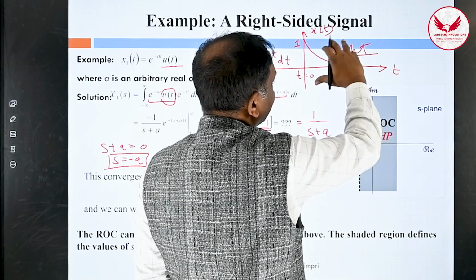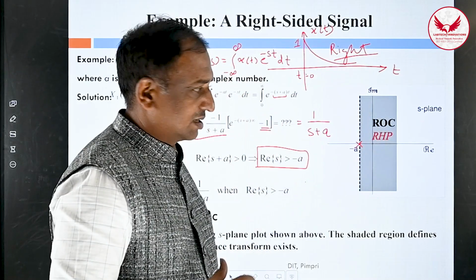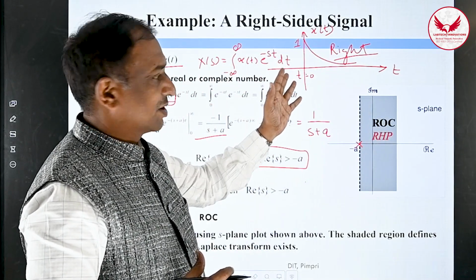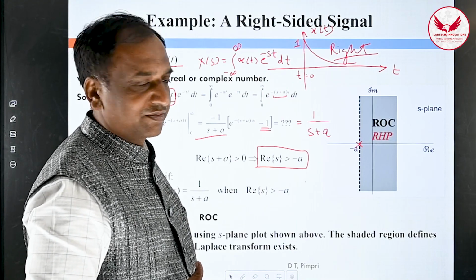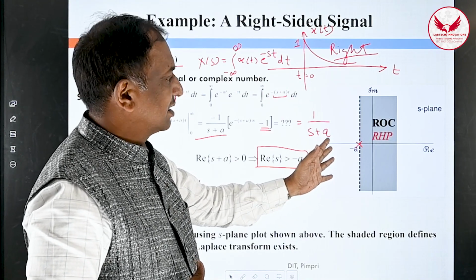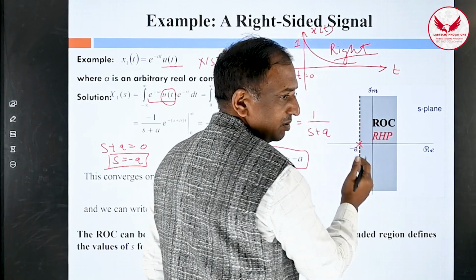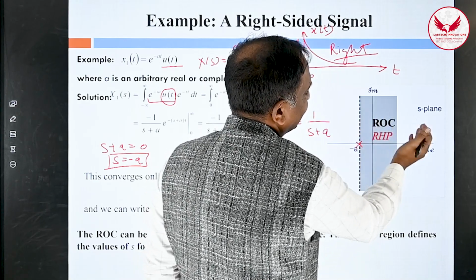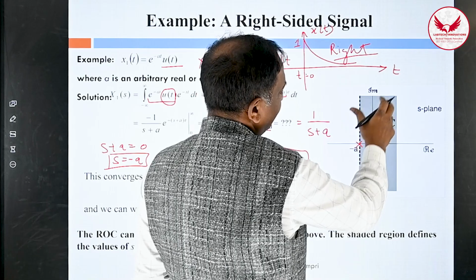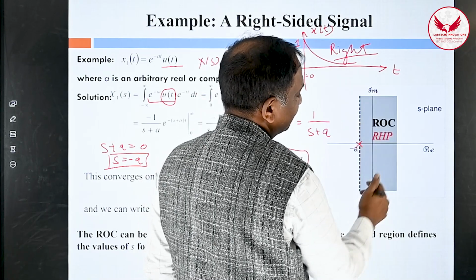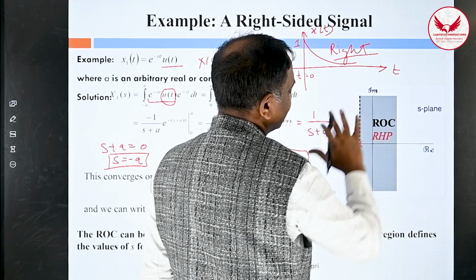So this signal is actually causal. If the signal is to be causal, you can identify from the s domain that the ROC should be present to the right-hand side of the pole. So the ROC is a strip parallel to the j omega axis, and ROC is represented like this.